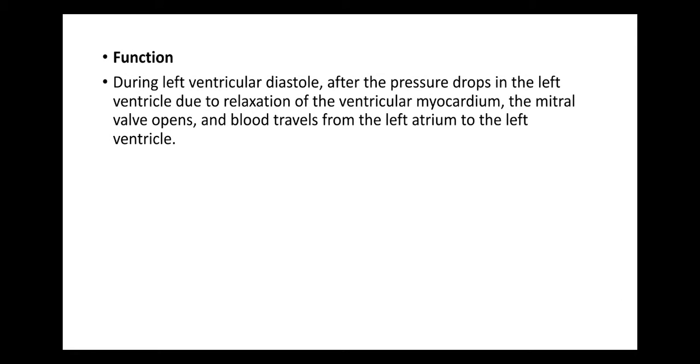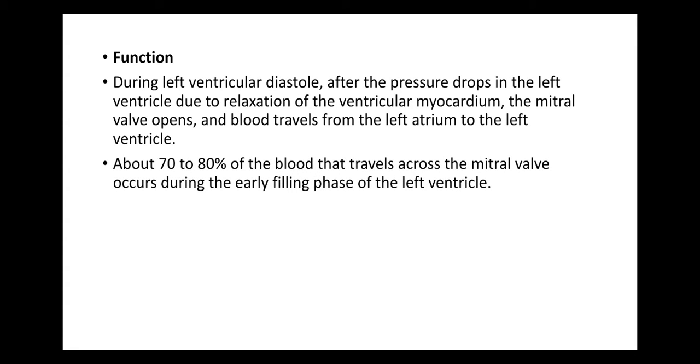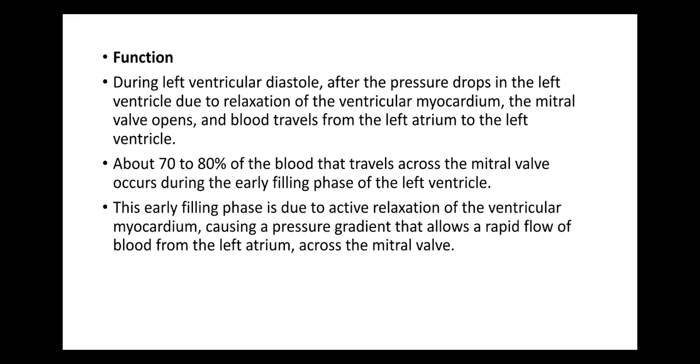During left ventricular diastole, when the ventricle dilates, after the pressure drops in the left ventricle due to relaxation of the ventricular myocardium, the mitral valve opens and blood travels from the left atrium to the left ventricle. 80% of the blood that travels across the mitral valve occurs during the early filling phase of the left ventricle.